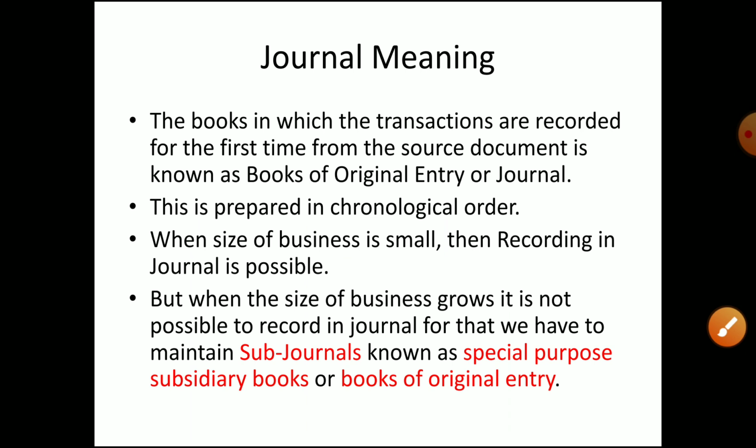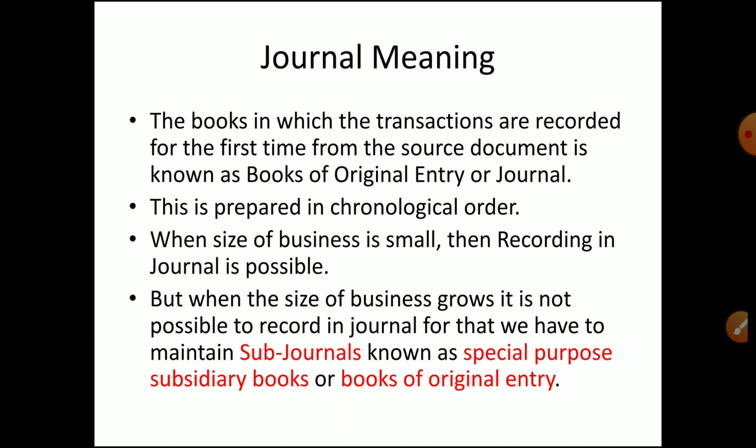So the meaning of journal: the books in which the transactions are recorded for the first time from the source document is known as books of original entry or journal. Source documents are already available. With the help of those source documents, we write journal entries, meaning debit aspect and credit aspect. That is called what?